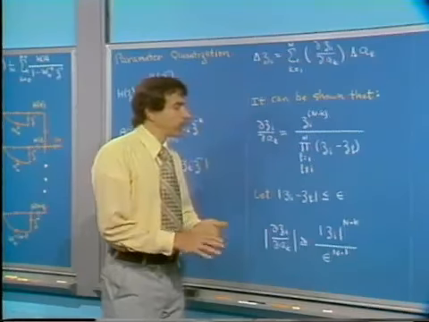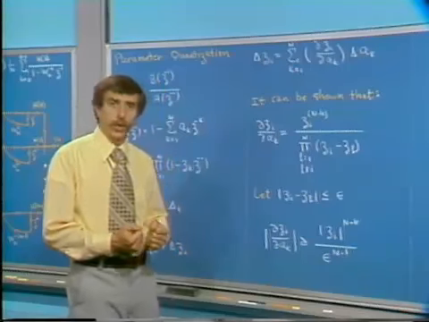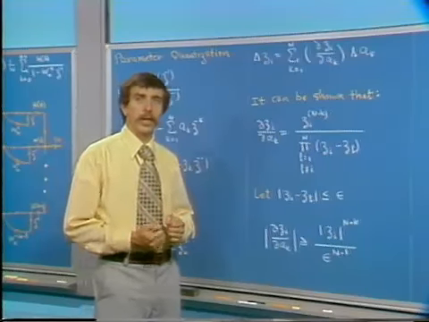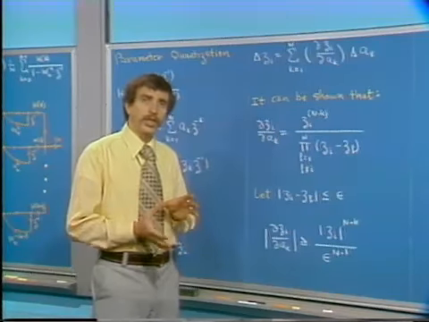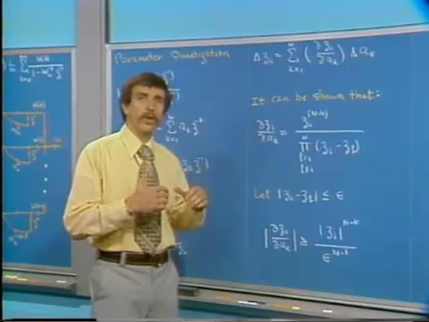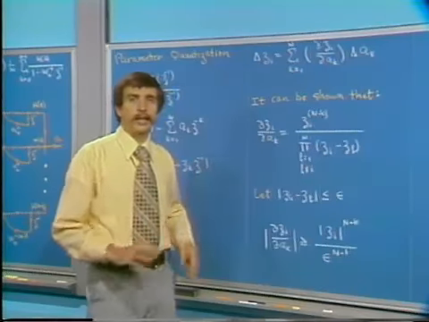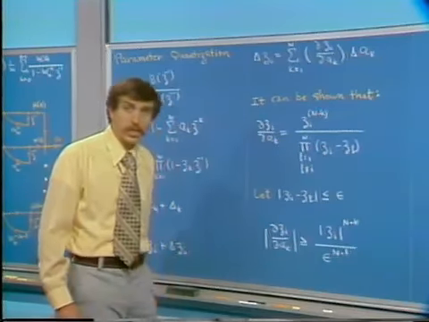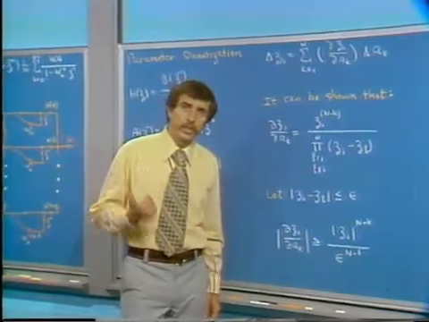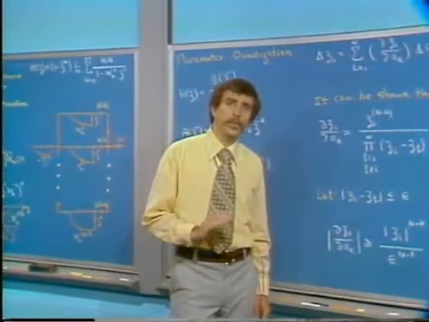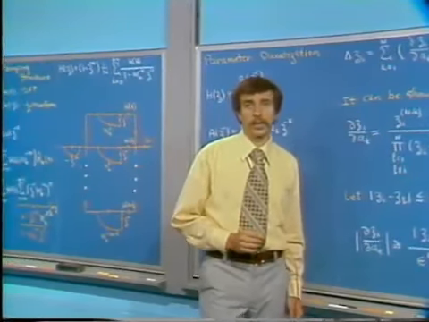Even in the cascade form structure, though, there's some flexibility, and there are some issues with regard to how the poles are implemented. And let me close the lecture by just giving you some indication of what two of the possibilities might be.